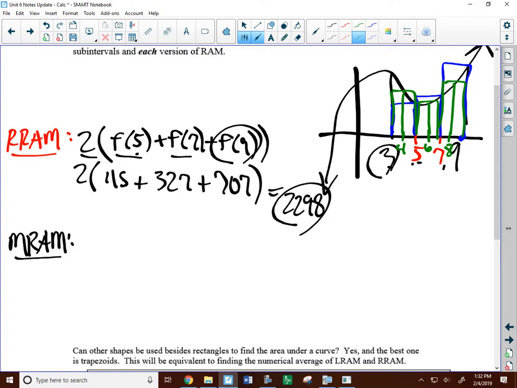So midpoint RAM. Now, still have bases of 2, and now we'll just get heights at 4, 6, and 8. And so it's f of 4 plus f of 6 plus f of 8. And these are heights. You want to do 2 times whatever f of 4 is, 2 times f of 6.